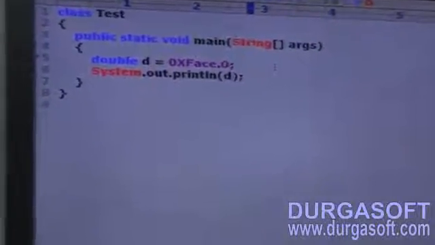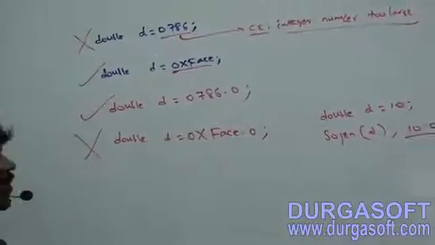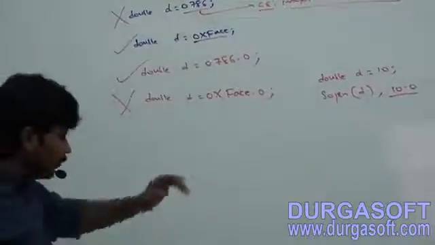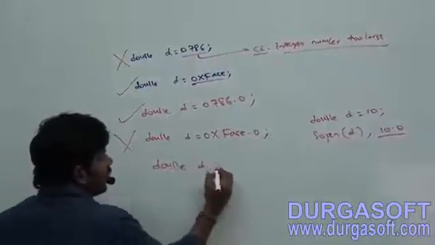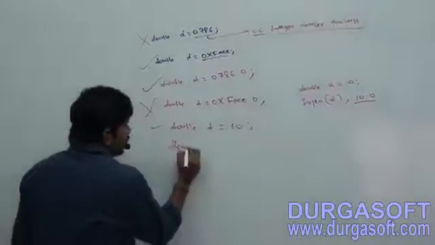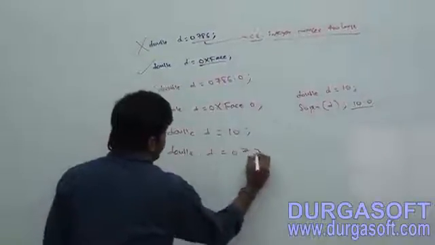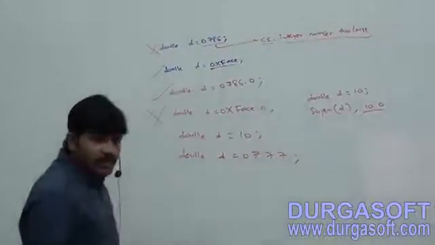Sir, we can assign integral literal to the floating point variable. But that integral literal you can specify either in octal, hexadecimal, decimal form, no problem. Now, sir, can you tell is it valid or not? Double D is equal to 10. Valid. Double D is equal to 0777. Valid or not? Valid.